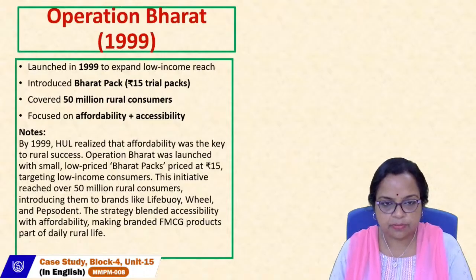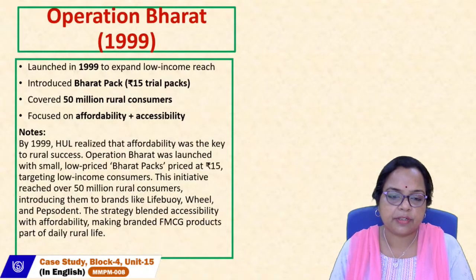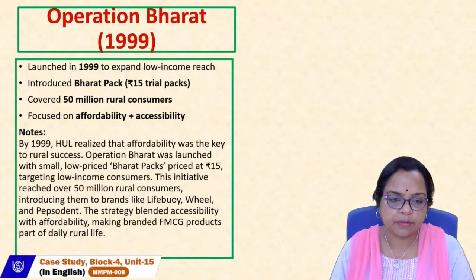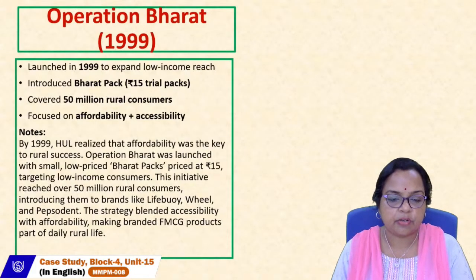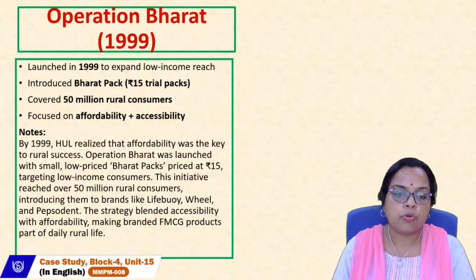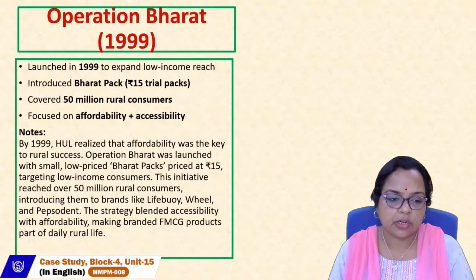They are not able to purchase larger quantities at a time, so they introduced low-price Bharat packs priced at rupees 15, and the major target was low-income consumers. Rural areas have more consumers in the low-income group.